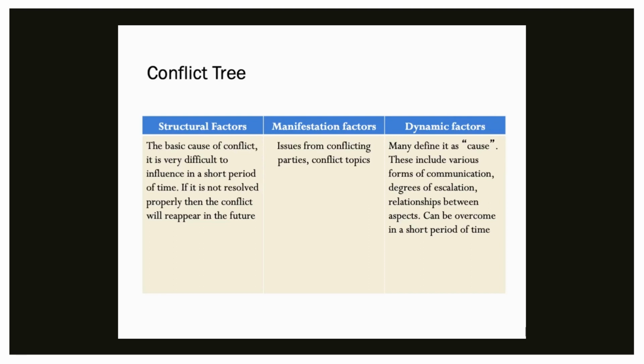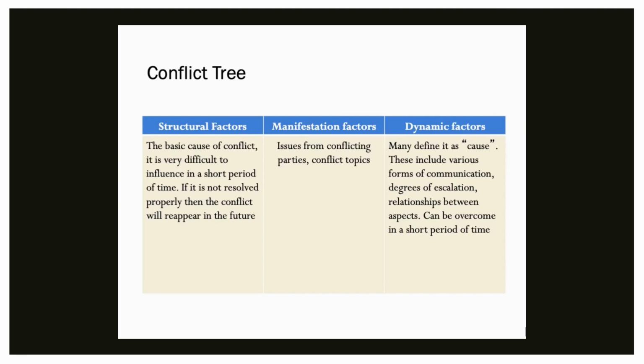If it is not resolved properly, then conflict will recur in the future. That is the source of conflict. It takes time to handle the structural factors like poverty, social justice, or sometimes corruption, which become the root of conflict.